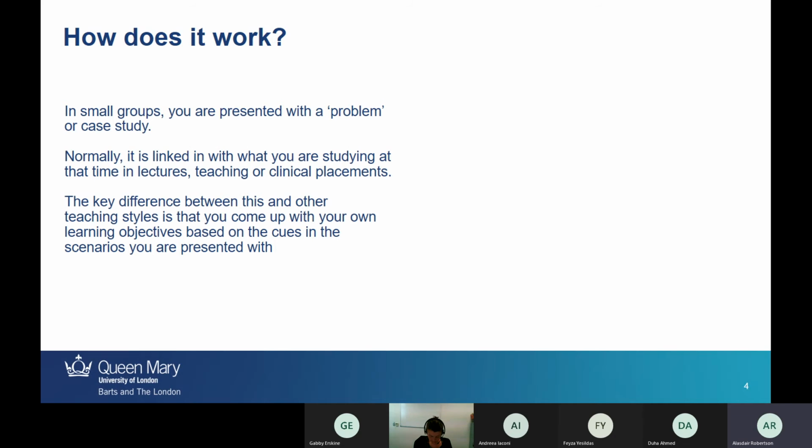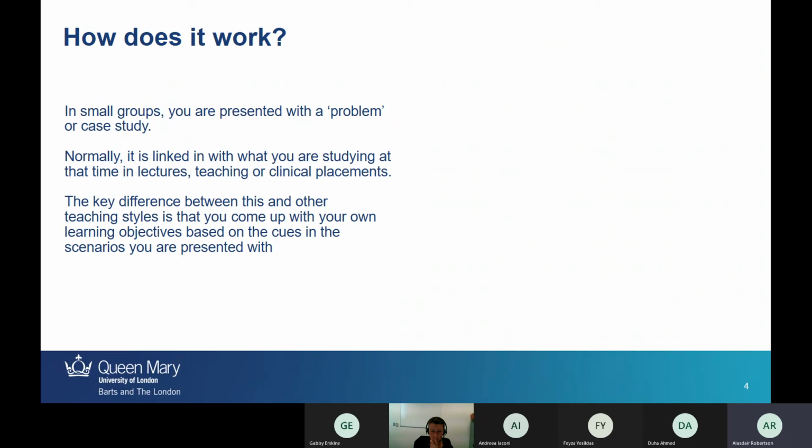So you do, as you mentioned earlier, get presented with a problem, a case study, depending on what you're studying. It could be pretty much anything to do with medicine, but it's normally linked in with what you are studying at that time, whether that's in your lectures, any other sorts of teaching, or the clinical placements that you might be on.